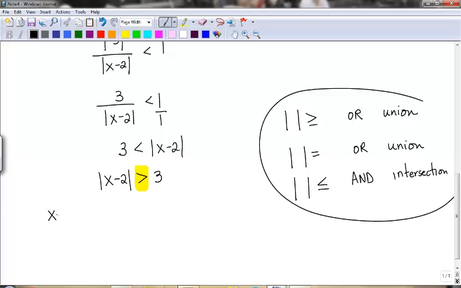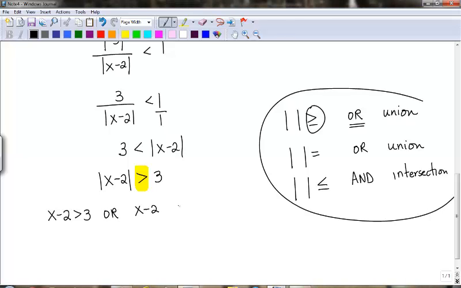Take what's inside the absolute value, get rid of the absolute value symbol, and do x minus 2 greater than 3. Since it's an OR statement, you still have x minus 2, and now you reverse that symbol, make it less than, and change the 3 to a negative 3.